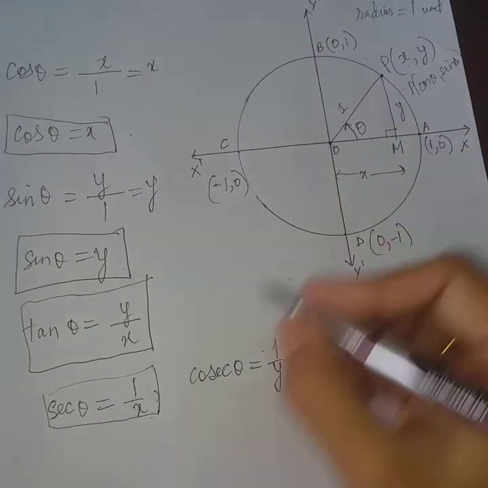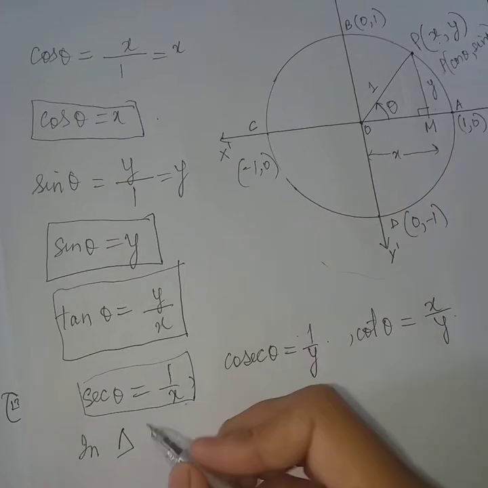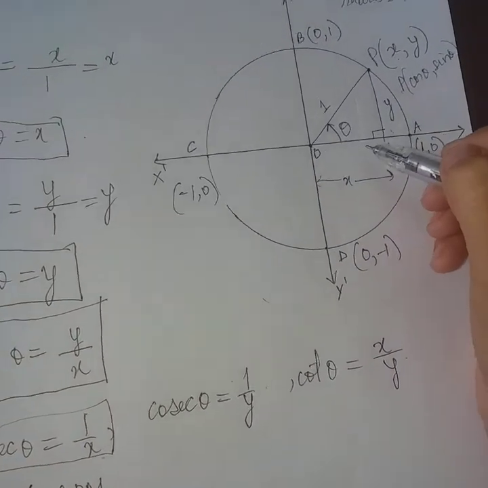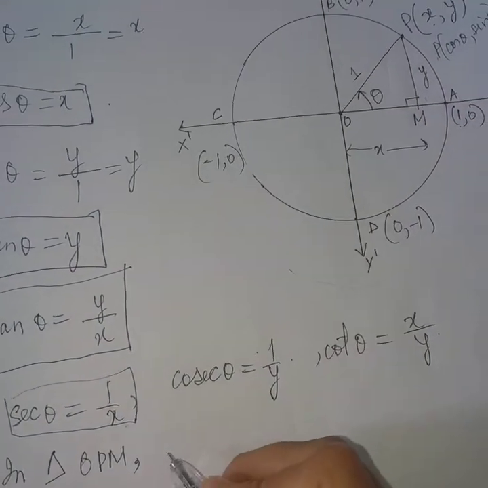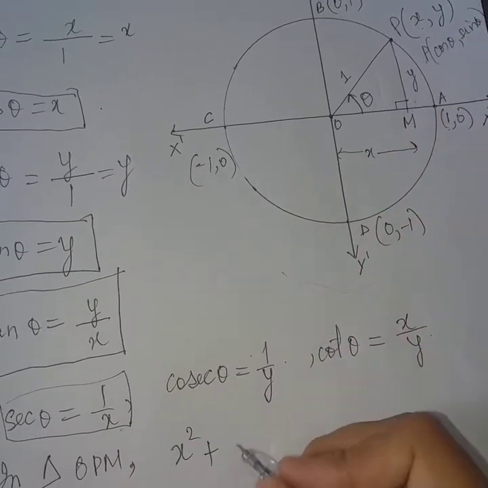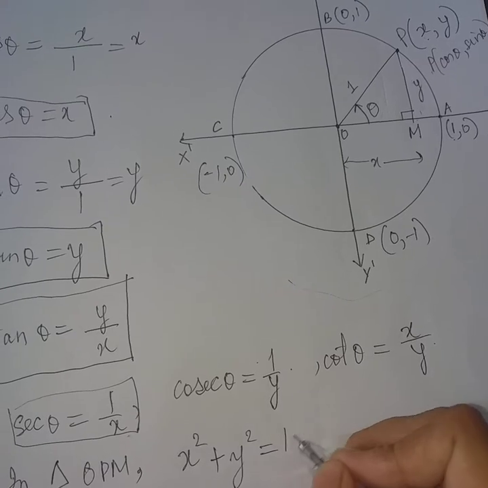Now in triangle OPM, it is a right angle triangle. If we apply the Pythagoras theorem, we have x square, the base square, plus y square, the perpendicular square, equal to the hypotenuse square.